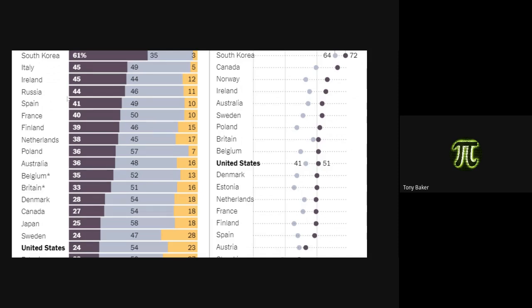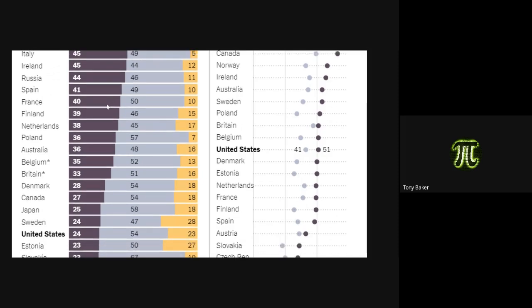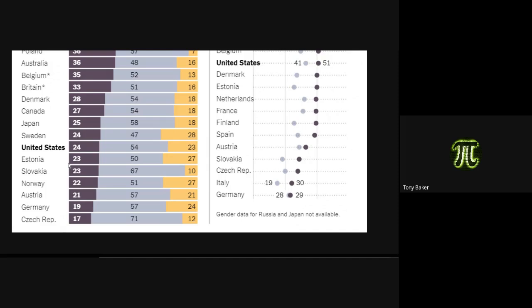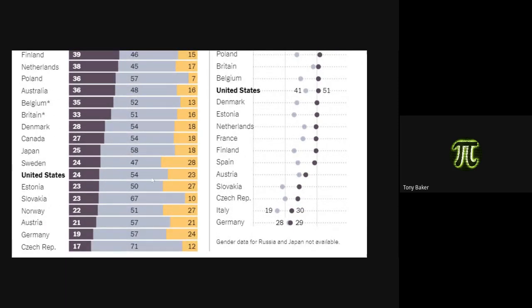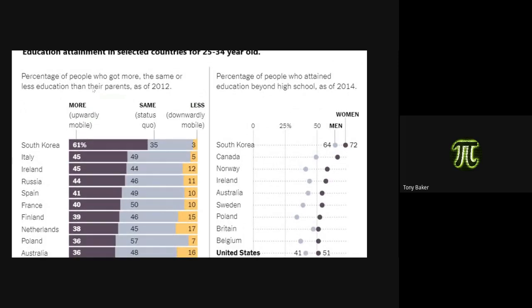But that's the thing. When you start to look at the data, it's like, oh, the United States is way down here with Estonia and Slovakia. Well, yeah, there's reasons for that. A lot of these were still in college. Notice that nowhere in this does it say they had to go to college. It just says got the same education as.